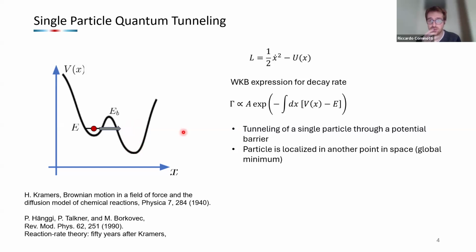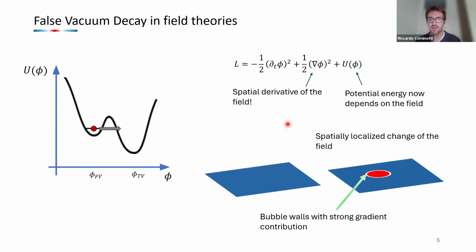And in single particle quantum mechanics, there is an analytical expression which shows that the decay rate, so the time which it takes for the particle to tunnel, depends exponentially on the area of the barrier that is separating the two minima. Now we can extend this idea to a field theory in the same way that Coleman did.